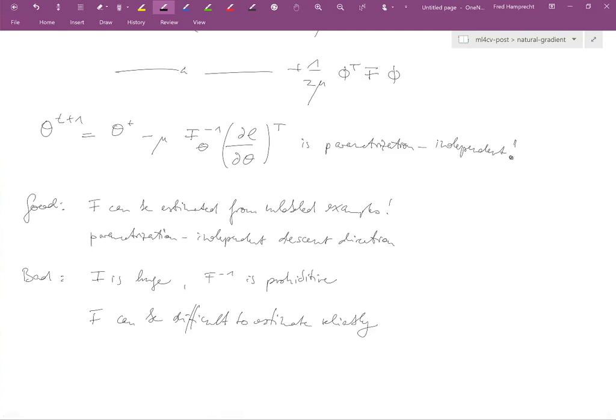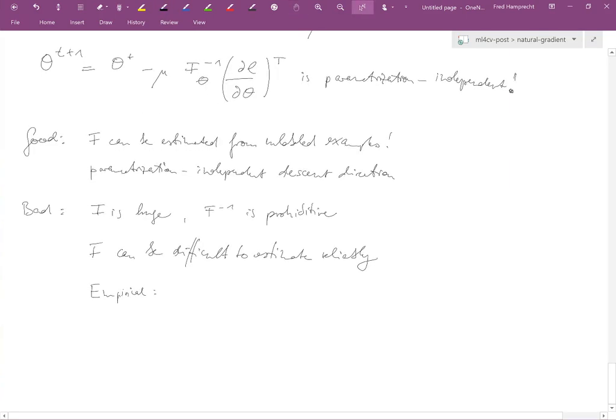We can look at the empirical Fisher information matrix. For this, we sum over all the examples in the training set. And then we estimate the expectation over y for a given input xi.